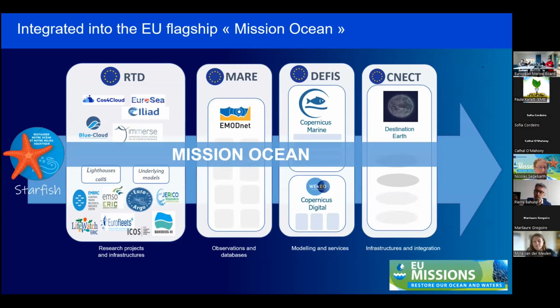The brilliant idea is that it cuts across all the DGs, and you can combine what is done by RTD with research projects and infrastructures, with what is done by DG MARE, with EMODnet that was mentioned, and other things such as ocean governance, or by DG DEFIS, moving from the satellite to the ocean prediction with the Copernicus Marine Service and all the digital activities, but also reaching Connect and DG INTPA, the initiative for international partnerships. So the goal is to really play with this platform and see how we can combine all these assets.